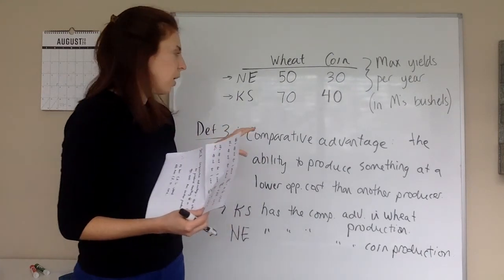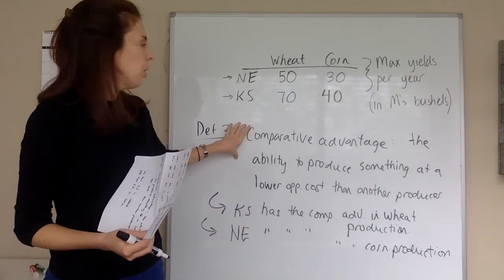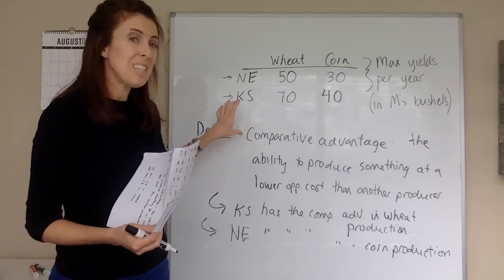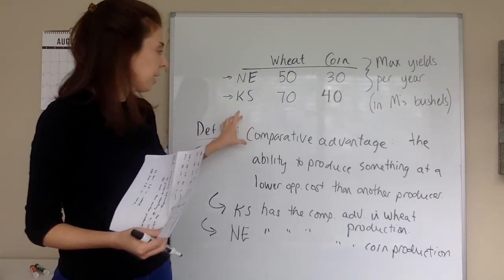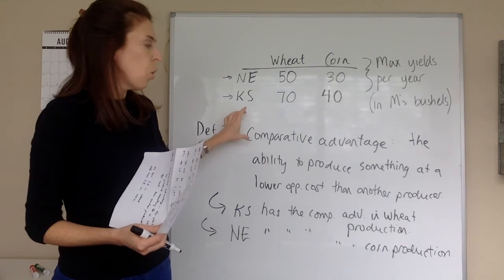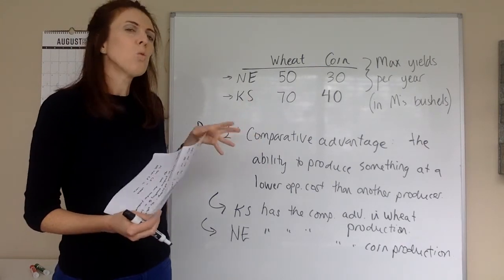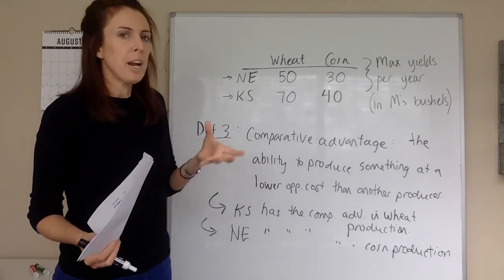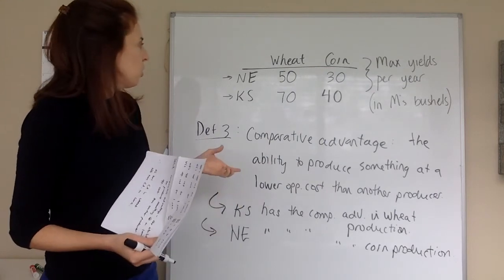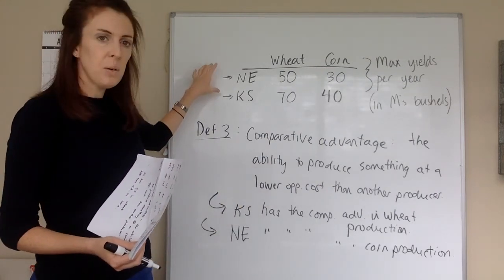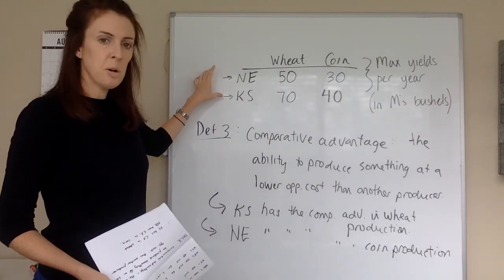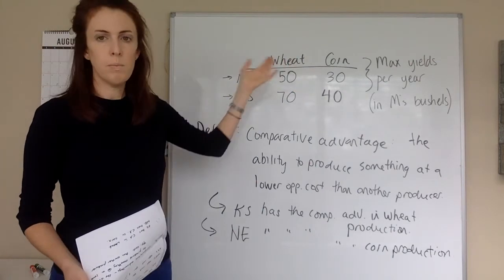Okay, number 3, in terms of the important thing you need to make sure you understand today, is what is a comparative advantage? Okay, note that comparative advantage is different than absolute advantage. Comparative advantage says, what are you relatively better at doing compared to the other producer? So we've got 2 producers here. We've got Nebraska and Kansas. They're both producing crops.